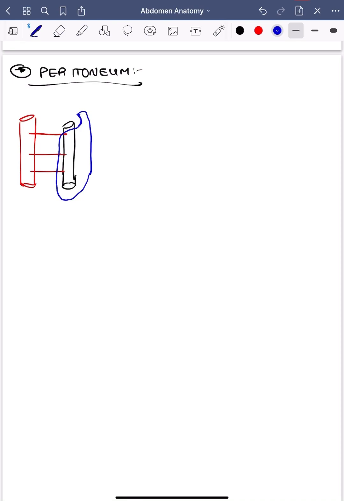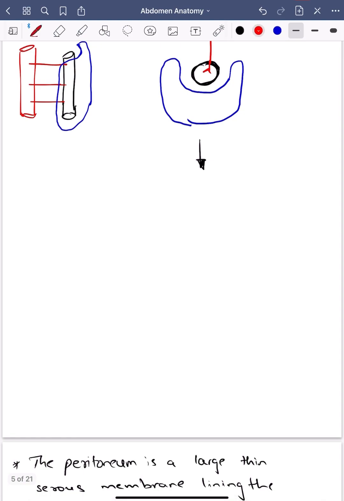So if I were to take a transverse section, if this is the gut tube and this is the aorta, initially we have this, the peritoneum in blue, and later on, as the organ gets pushed into the peritoneum, it becomes like this, and finally at the end of development you end up with the gut tube here, this is the structure formed.